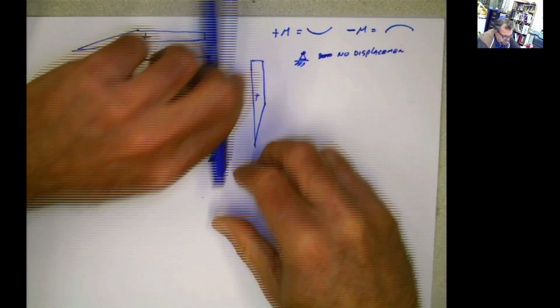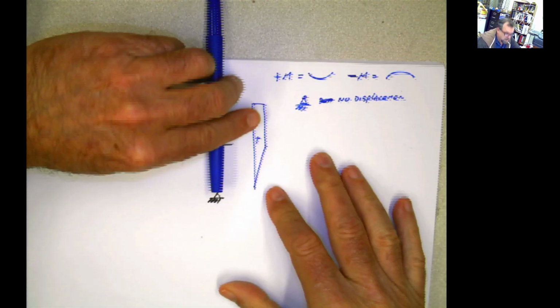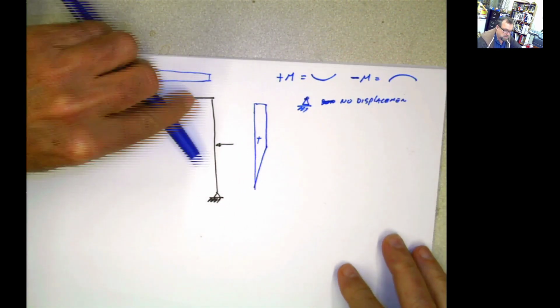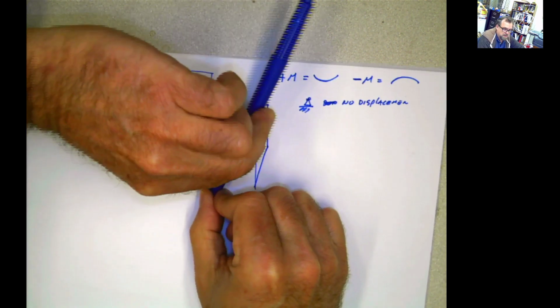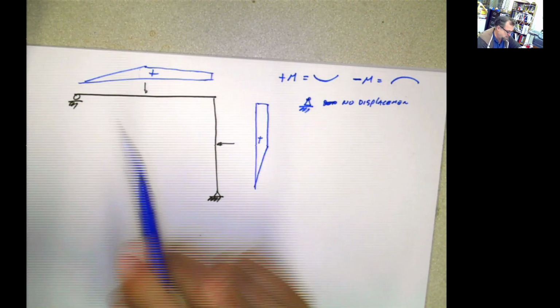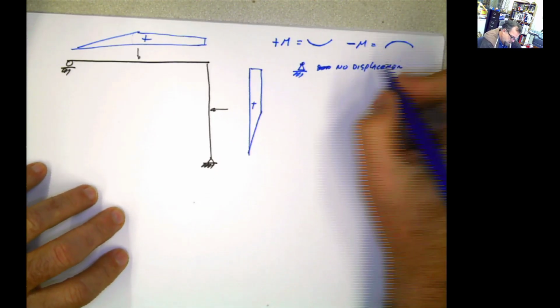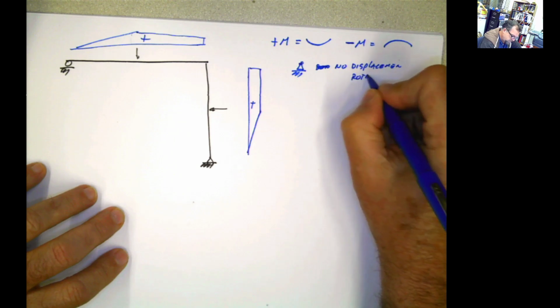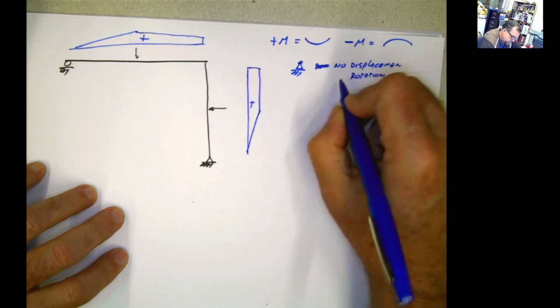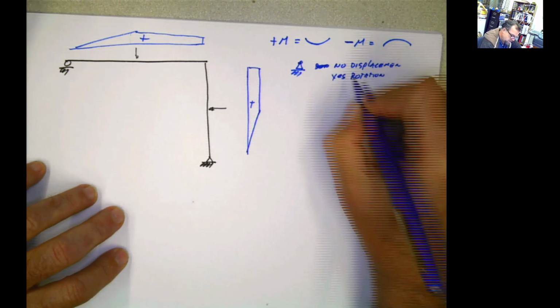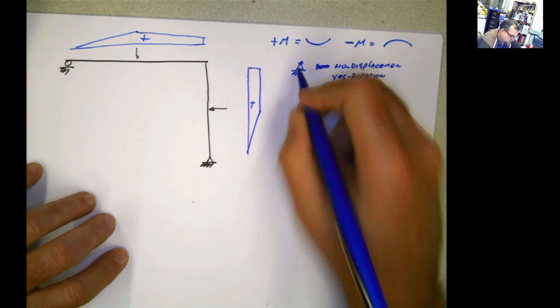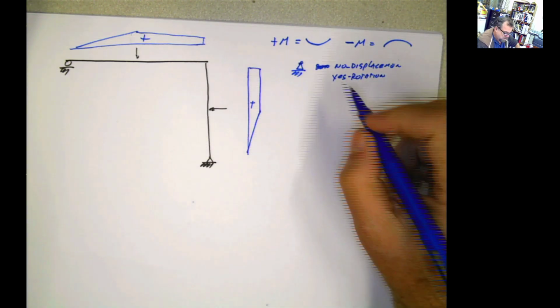However, if this is a pin here, it can rotate. If you keep the pin there, this is going to be able to rotate there. So, rotation. No displacement, but yes rotation. That's what you have in the pin.